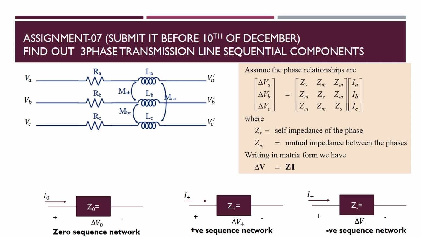So you may try and calculate that part. I'm not sure about that value; if you calculate it, you will get the answer. I didn't calculate it, so you just do the calculation and submit this assignment before the 10th of December.